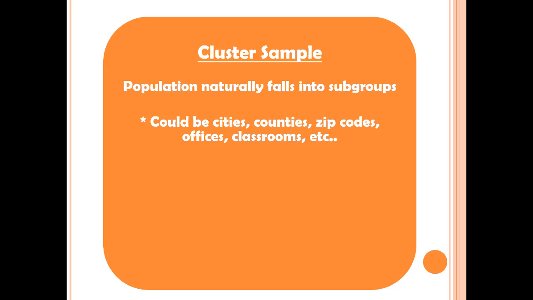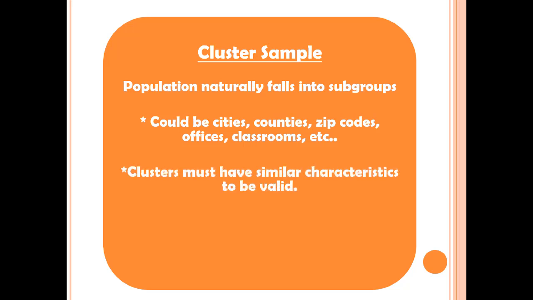They don't survey everybody, but what they do is they pick out 20 classrooms at certain times, and they say, we're going to survey all of those 20 classrooms. And each one of those classrooms is a cluster.